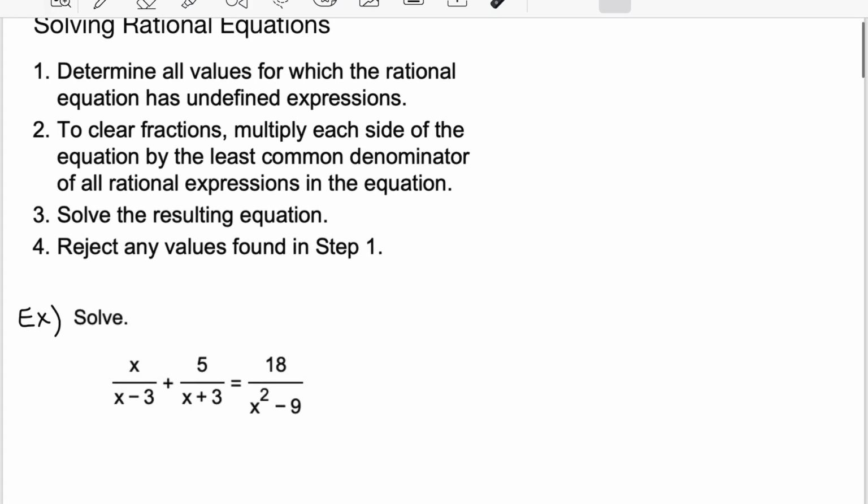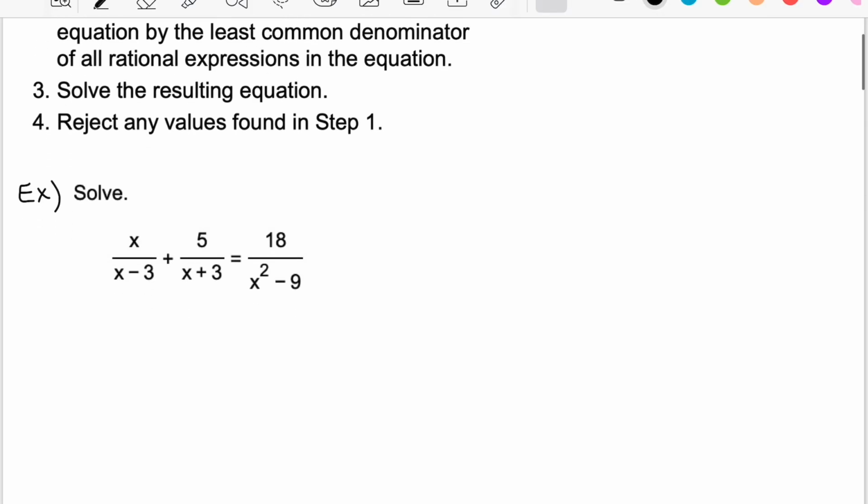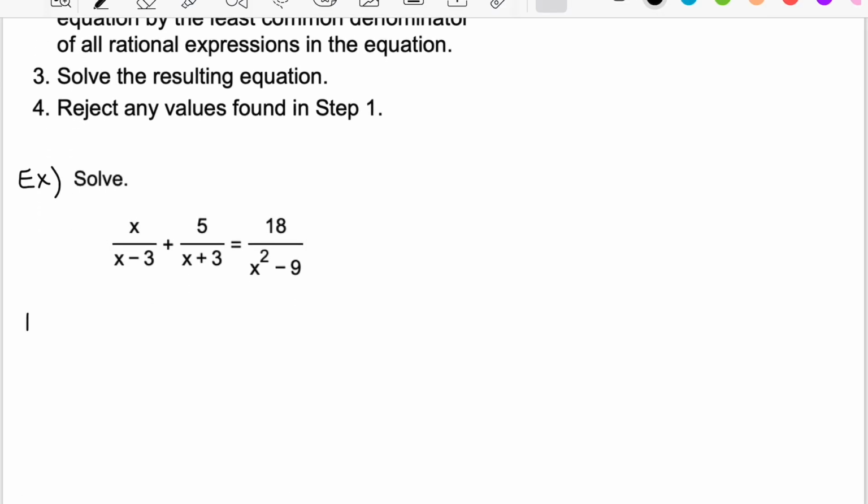First step, we want to determine all values for which the rational equation has undefined expressions. So we know, just by looking at this, that if we were to plug in positive 3 here, we would be dividing by 0, so that would be undefined. We also know that if we were to plug in negative 3 here, we would again be dividing by 0, so that would be undefined.